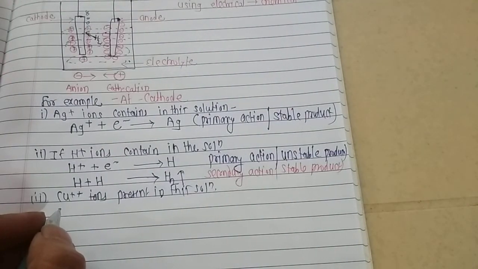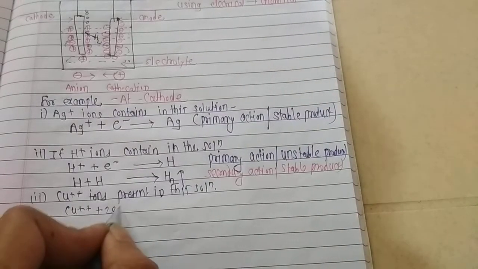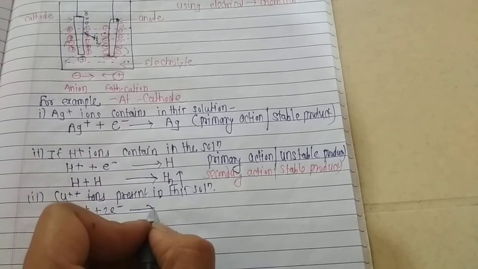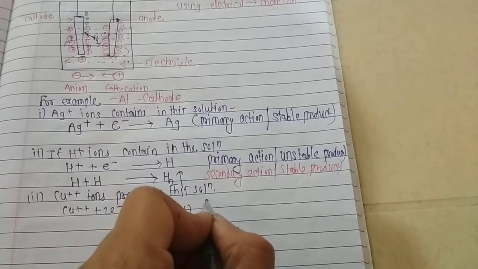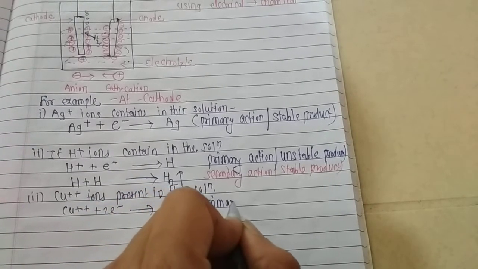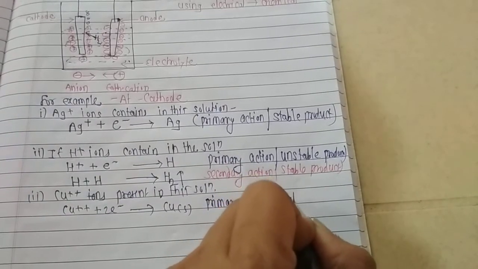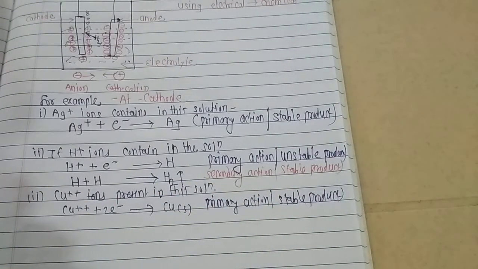Cu2+ is a cation, so it acquires 2 electrons from the cathode and forms Cu atoms. So this is a primary reaction, and the Cu atom is stable, so a stable product is formed. In this type, such reactions take place at the cathode.